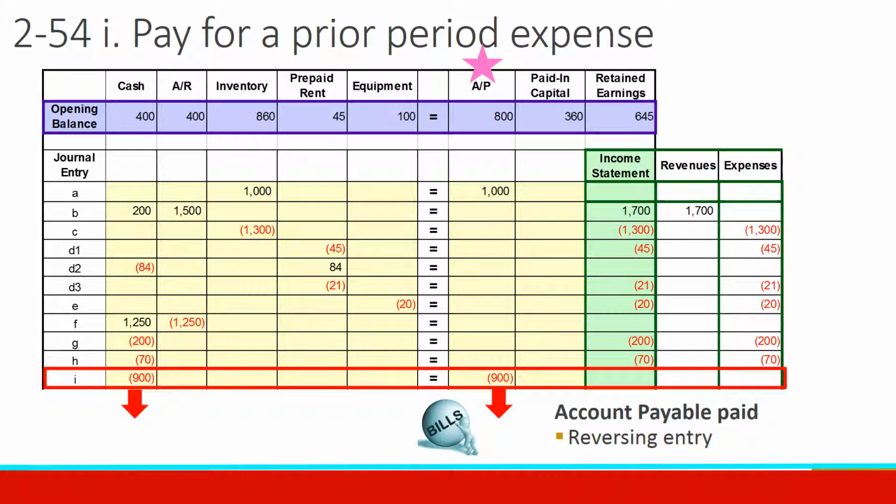Now, something to note here, if you look over in the expense section, no expenses are being recorded. Why is this? We reflected the expense associated with this activity already in other transactions. All we're doing right now is taking cash and paying down an outstanding debt.